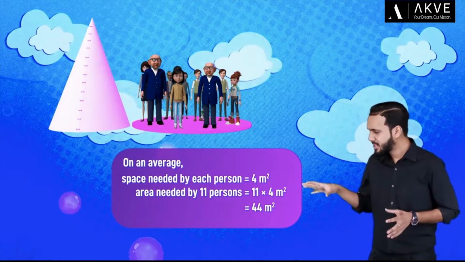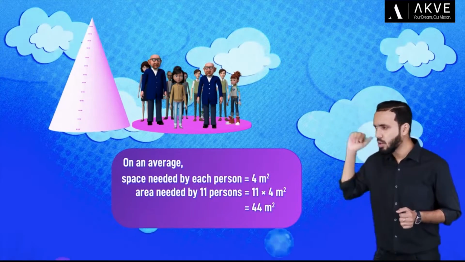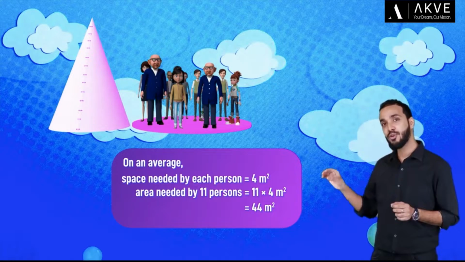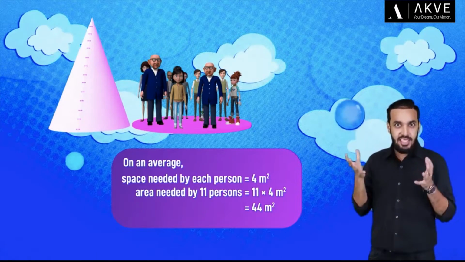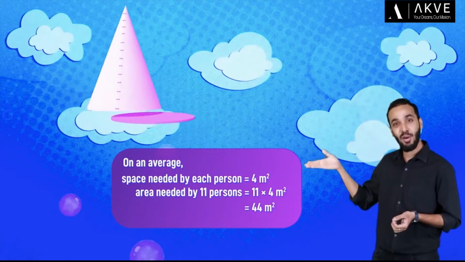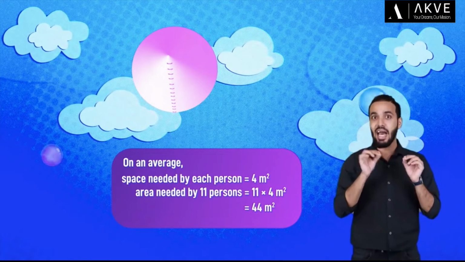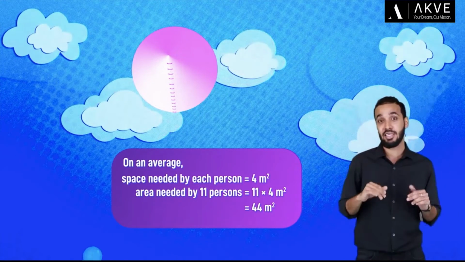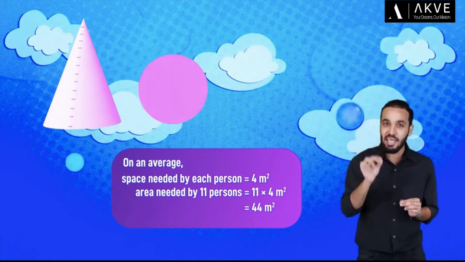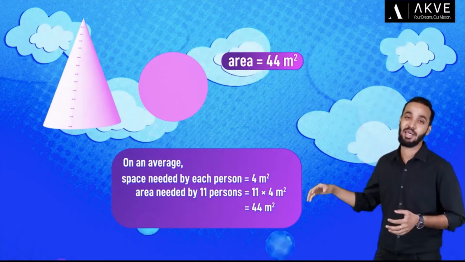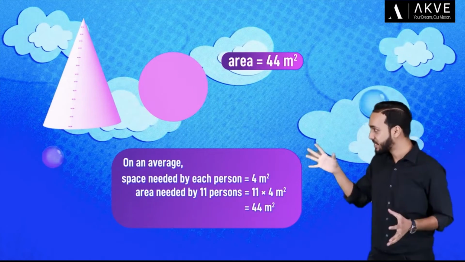But how is this area related to the cone? Well, if you think about it, this 44 square meters of area is nothing but the base area of the conical tent. And because the ground is exactly enough for 11 persons, the base area is exactly equal to 44 square meters and not less or greater. Makes sense, right?